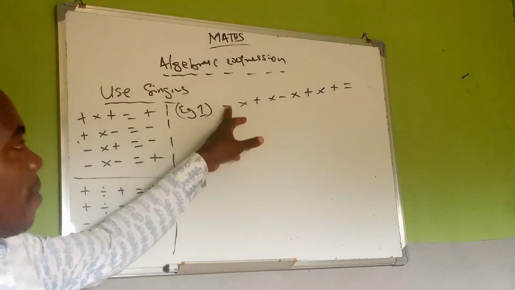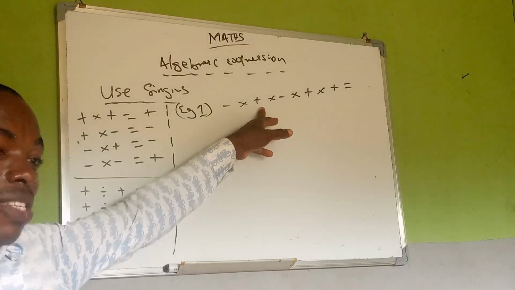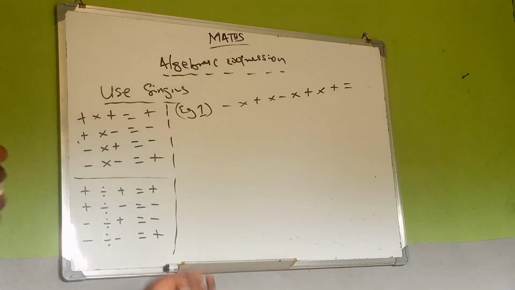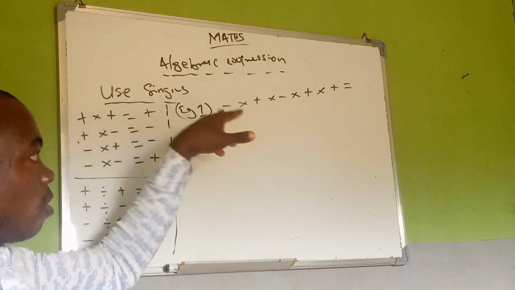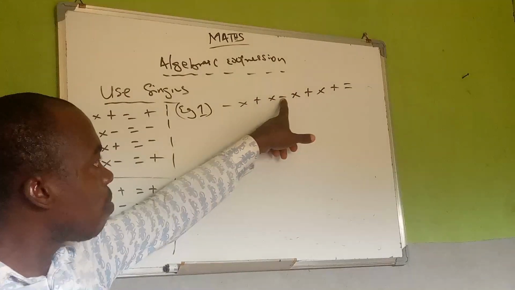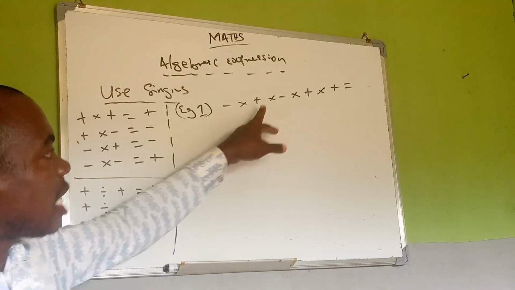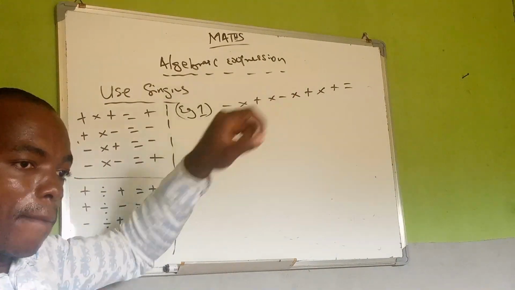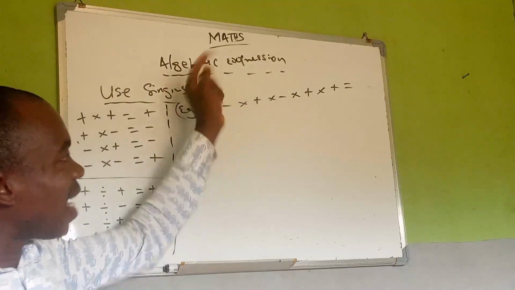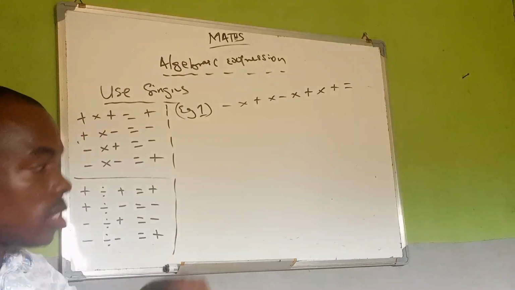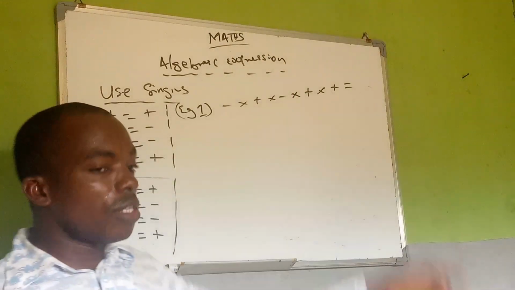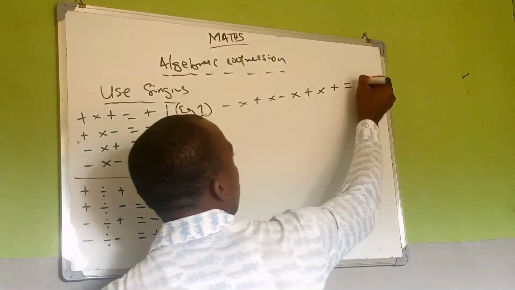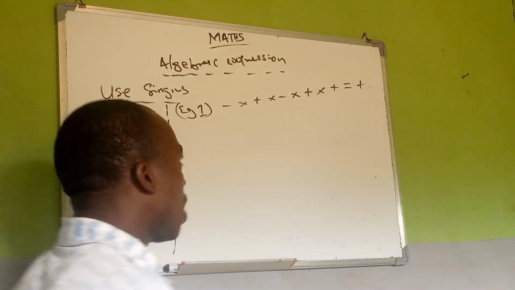Minus times plus is what? Minus. That minus times minus is what? Plus. That plus times plus is what? Plus. That plus times plus is what? Plus. So finally it is plus.